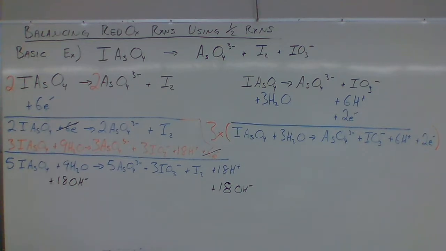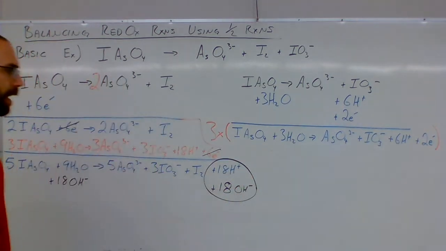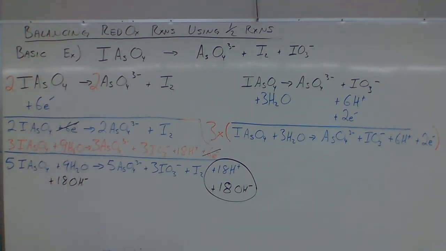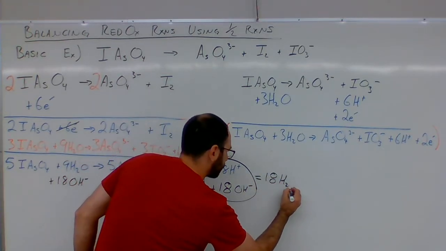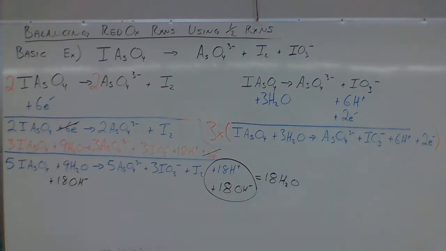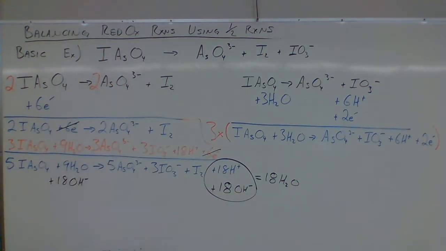And so what we get here is these 18 hydrogens plus these 18 hydroxides gives us 18 water. Well, I had 9 waters as a reactant and I've got 18 waters as a product, so I can cancel those out and rewrite this out as our overall reaction.